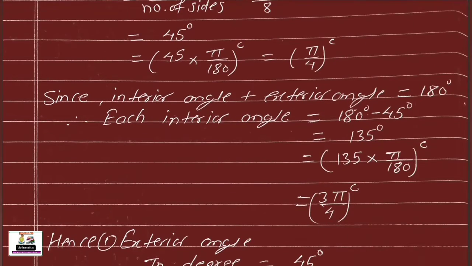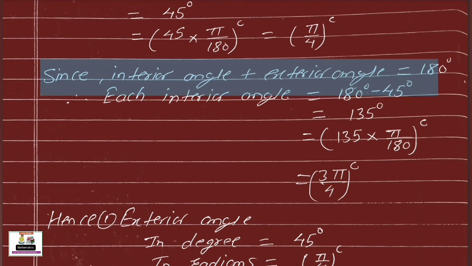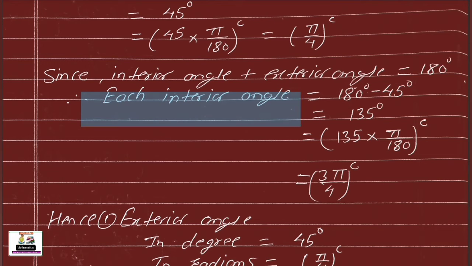Now to find the interior angle, the formula is interior angle plus exterior angle is 180 degrees. So each interior angle is 180 minus 45. 45 is the exterior angle, take it on the right side. 180 minus 45 degrees, and the calculation is 135 degrees. This is in degrees, convert into radians.